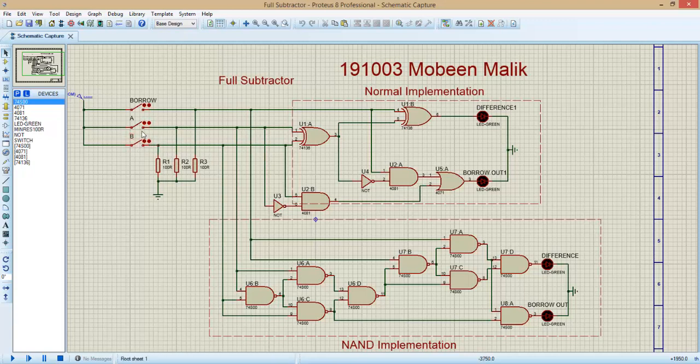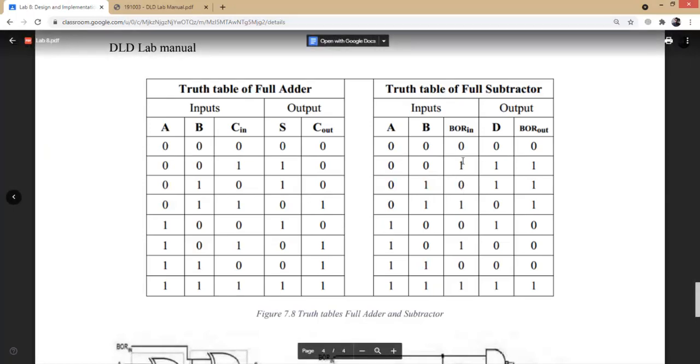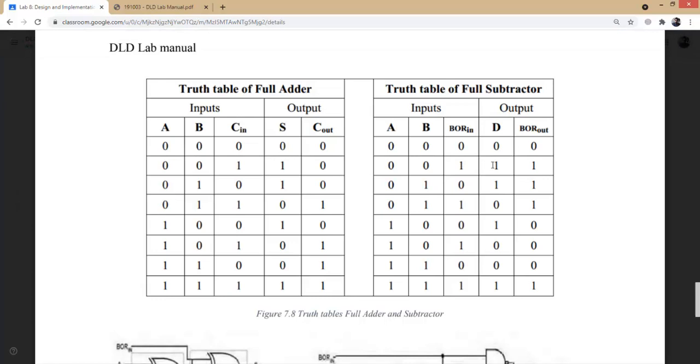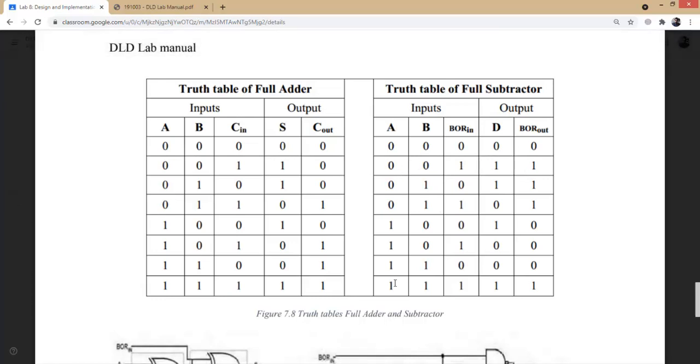We will be doing A minus B throughout this demonstration. So if borrow is equal to 1, we have to run the circuit first. If borrow becomes 1, you can see from this truth table that difference becomes 1 with a borrow 1, because we have to take a borrow, as I have explained earlier.